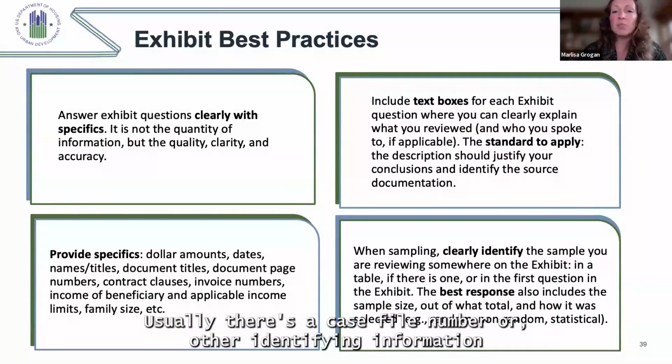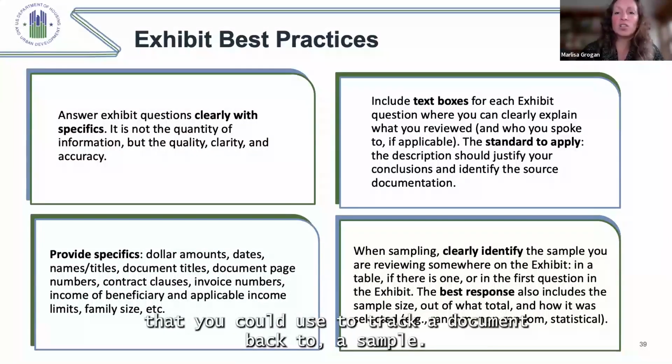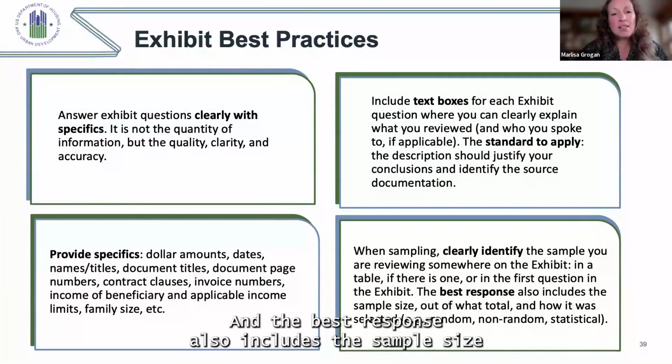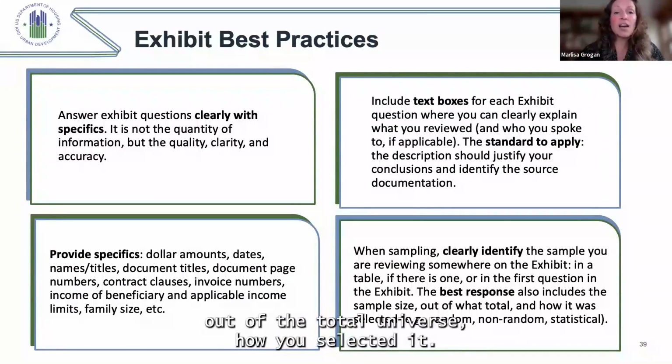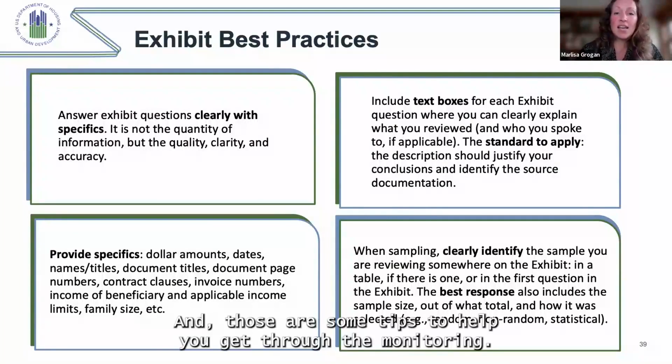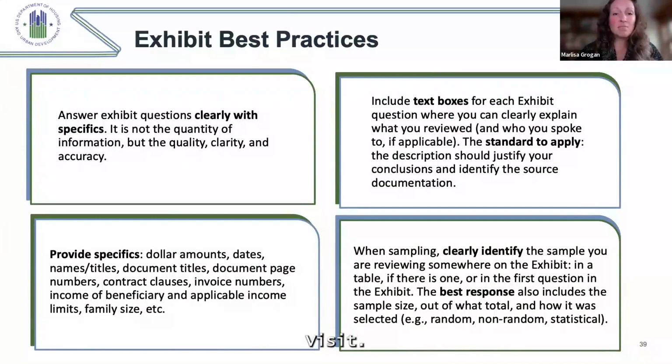Usually there's a case file number or other de-identifying information that you could use to track a document back to a sample. And the best response also includes the sample size out of the total universe and how you selected it. Those are some tips to help you get through the monitoring visit.